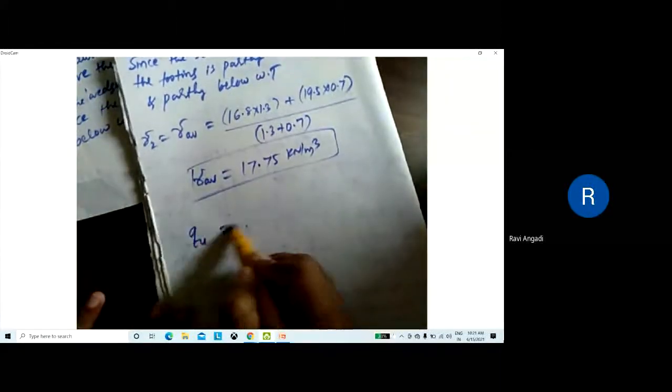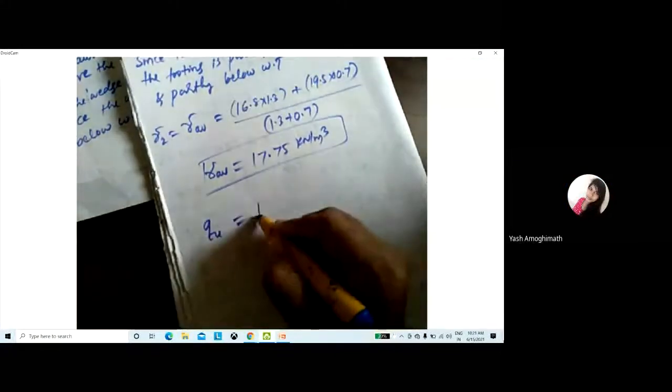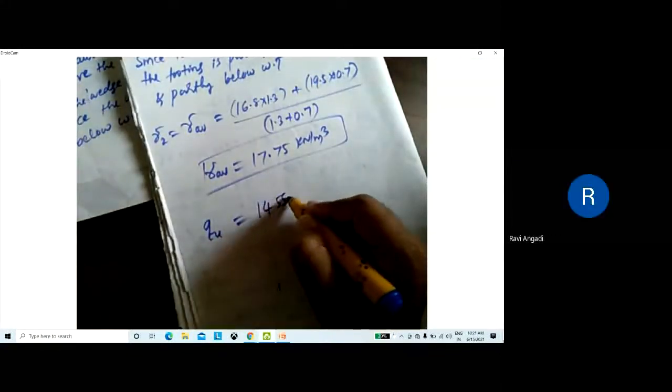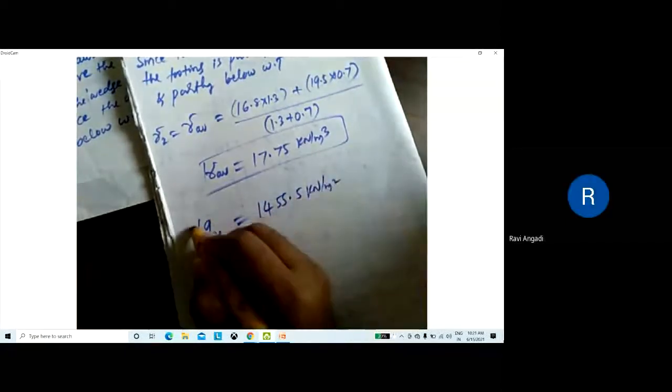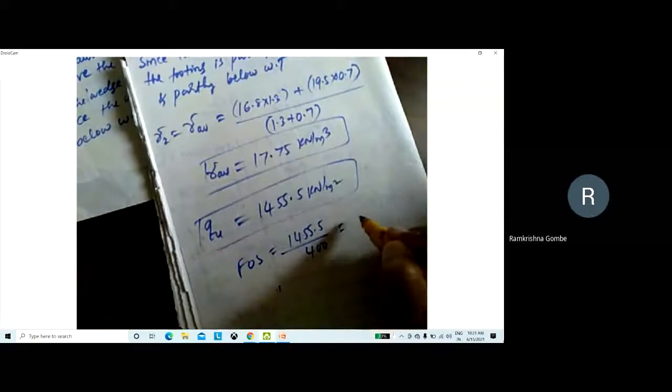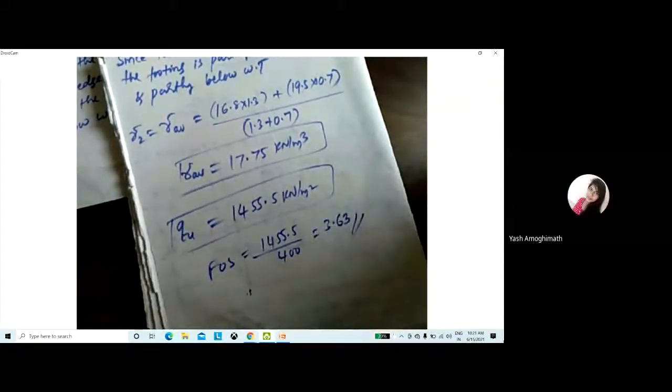Tell me what is the value of QU? 1455.5. Tell me the factor of safety. 3.63. Correct. This is the answer.